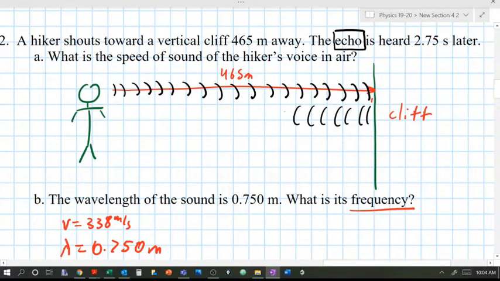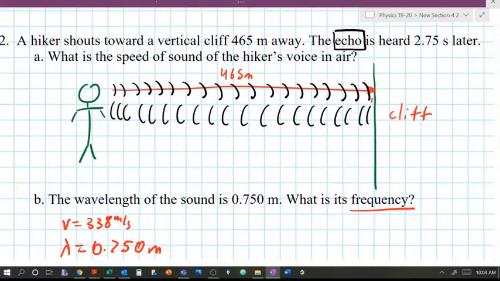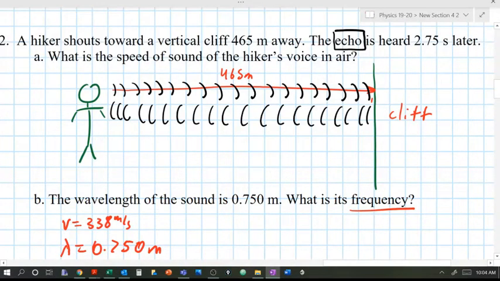And then those wave pulses come back, all the way back to the hiker, into the hiker's ear hole. And then they have heard the sound a second time. In other words, they've heard that echo, that reflective sound. So it travels another 465 meters to get back to the person. So the key idea here is in order for it to be an echo, it goes to the cliff and comes back.